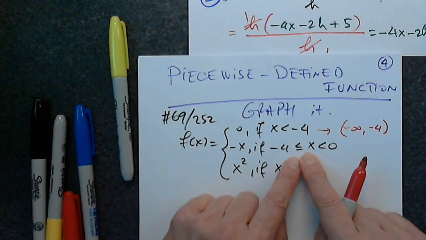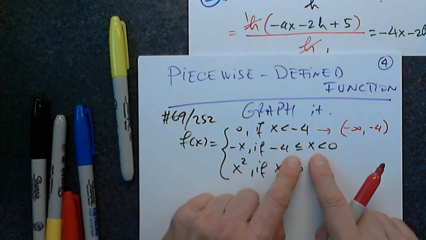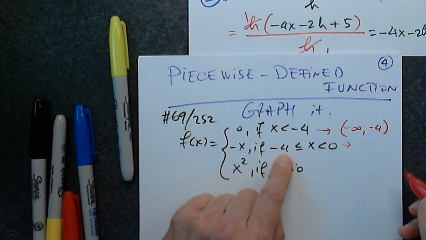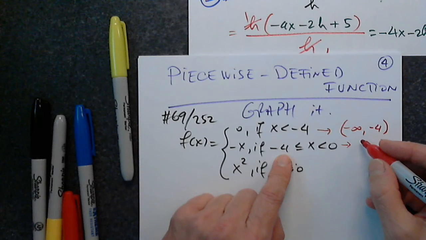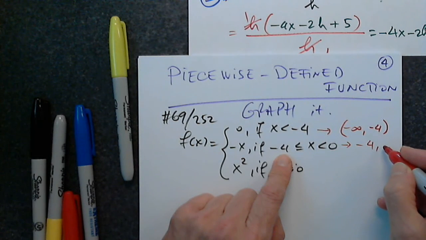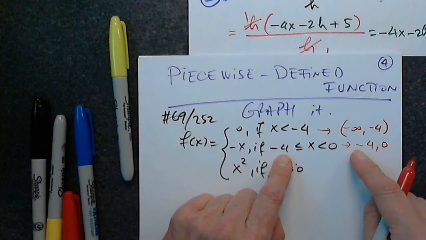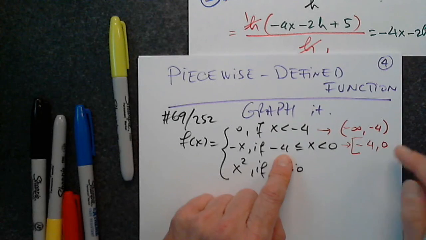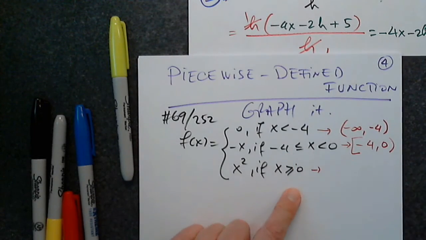Okay. What about this? What will this interval be? Negative 4 to 0. Perfect. What do I have here? Brackets. Awesome. What do I have here? Awesome. I need one more.